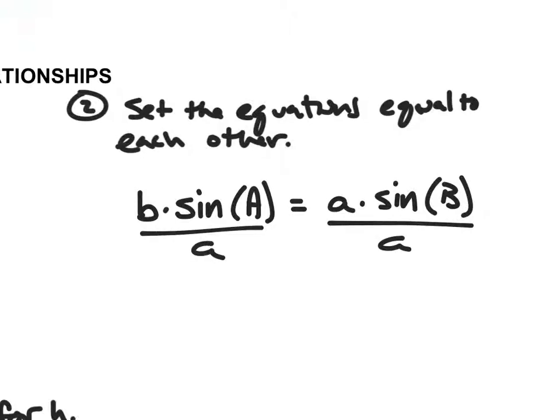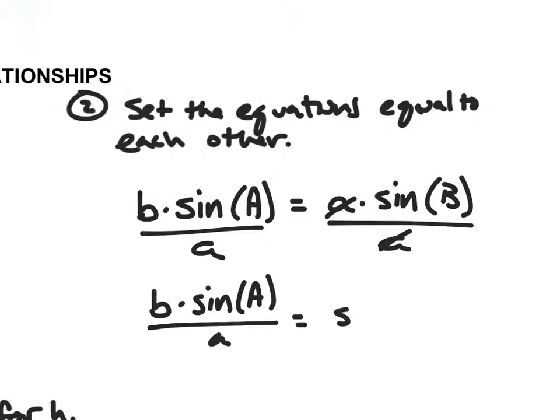If I divide both sides by A, all of a sudden I have b times sine of A over little a is equal to sine of angle B.